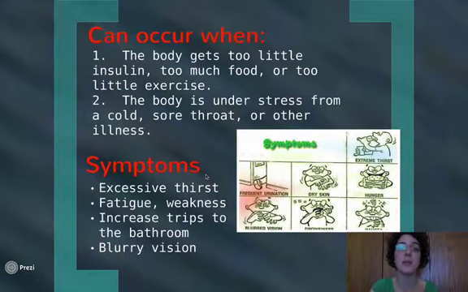This can be from an illness like a cold or a sore throat, or just any general stress that the body might be experiencing. So the symptoms to be looking for with a high blood sugar include excessive thirst, increased urination and trips to the bathroom, feeling tired or weak, and blurry vision is another thing that kids might complain about.